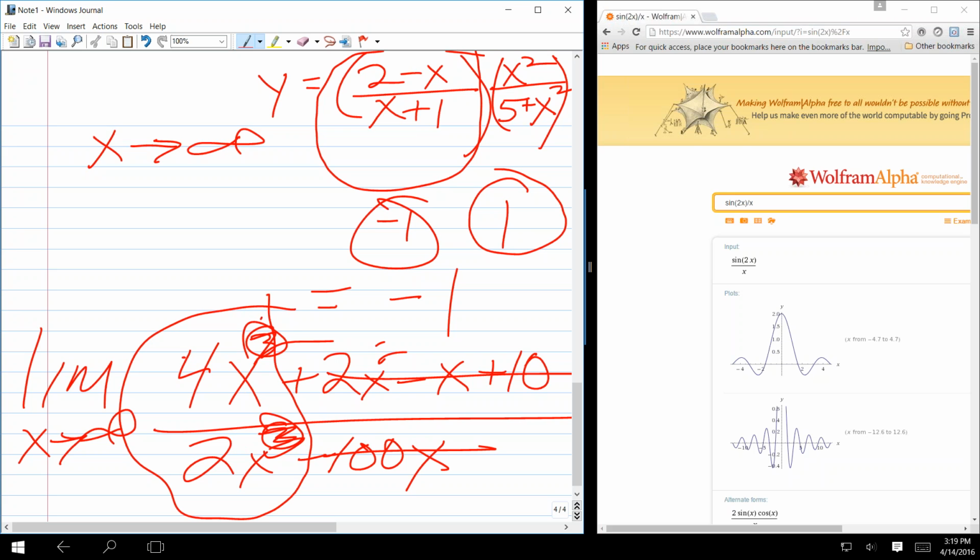Okay. And if this were x to the 4th and this were x cubed, well, now the top is blowing up. Right? X to the 4th over x cubed is x. It's in the numerator. As x goes to infinity, the whole thing goes to infinity. Okay. So this ratio of the coefficients is only true if the degree of the variable is the same.